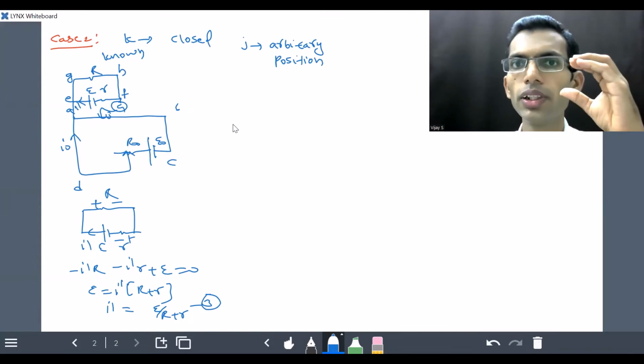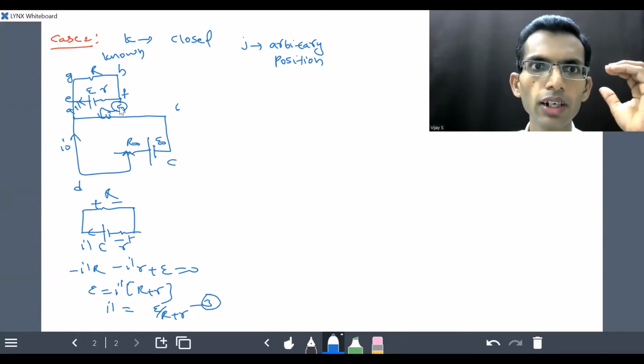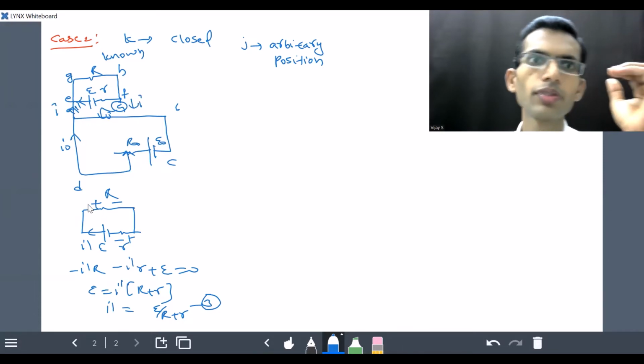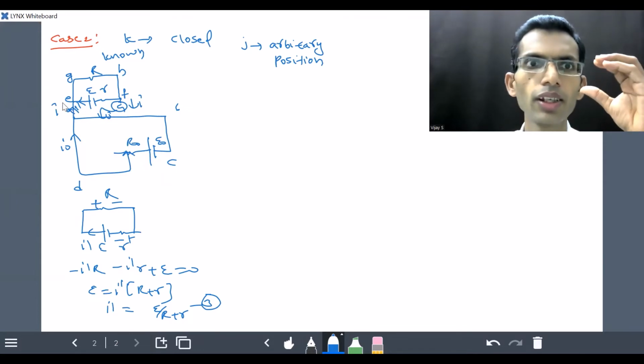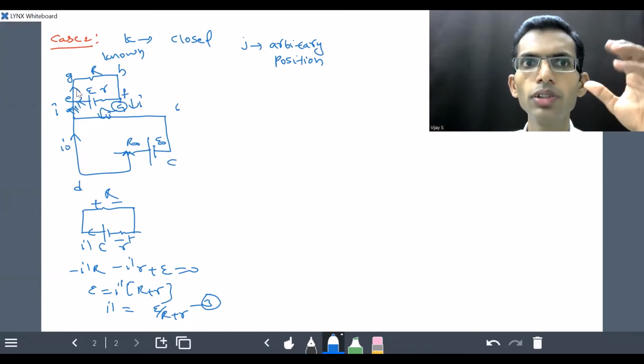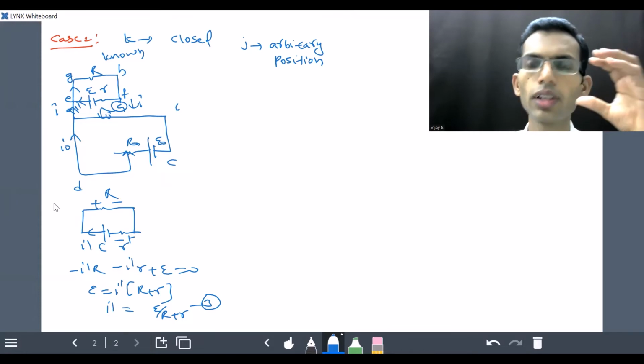When it is at an arbitrary position, let us say I is the current flowing through the galvanometer, or the current leaving the junction A. Now let us obtain the current flowing from E to G, or the current flowing through the resistance R.